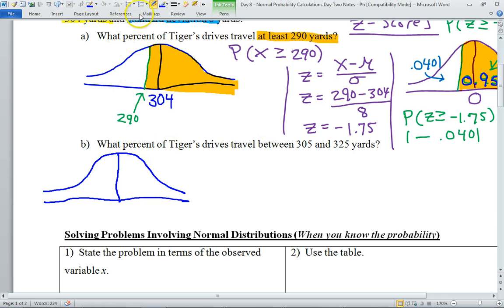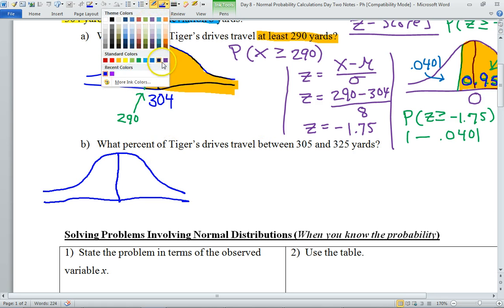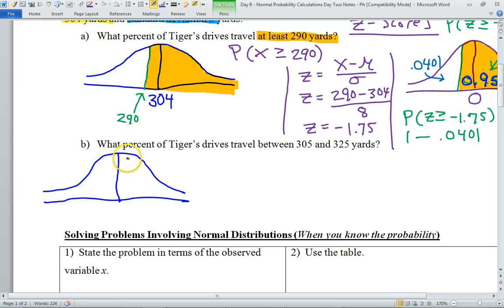Well, that's just a teeny tiny bit to the right, isn't it? So 305 is just barely right here. And then 325 is significantly far to the right from there. So I'll just put it over here. So here's 325.